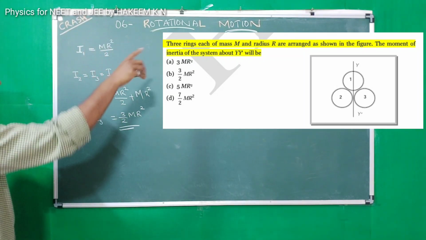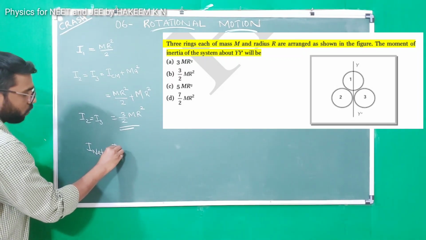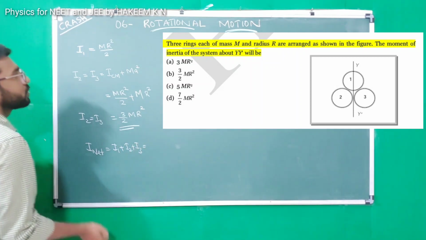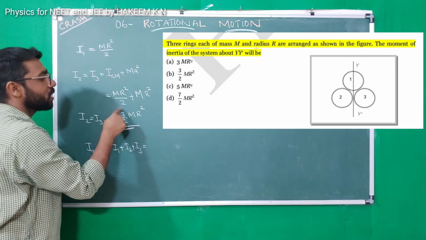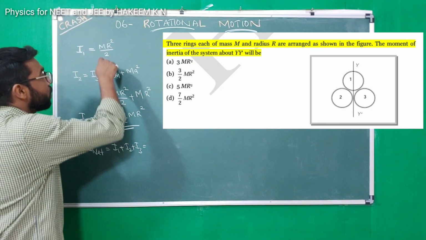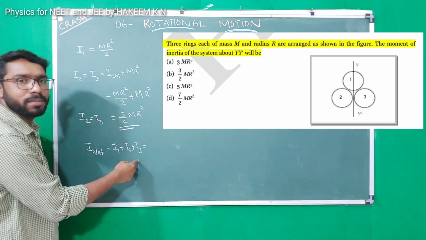Then what is the total moment of inertia? I net equals I1 plus I2 plus I3, that is mr square by 2 plus 3 by 2 mr square plus 3 by 2 mr square.